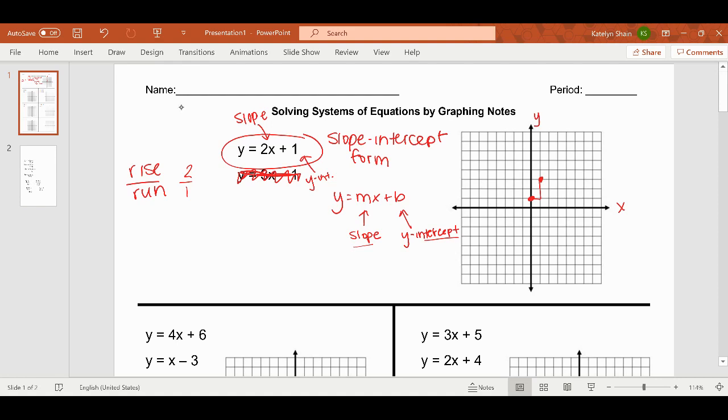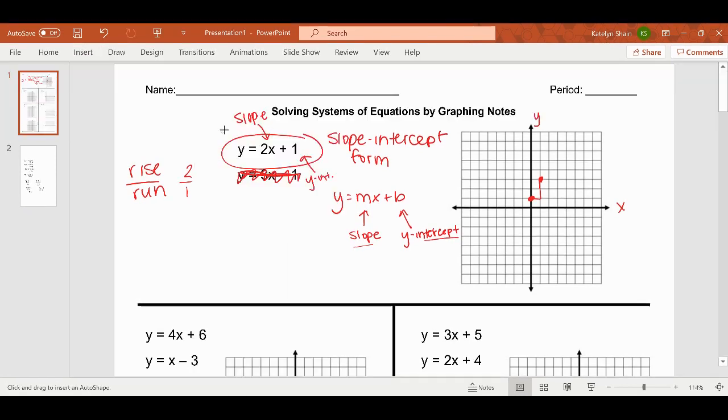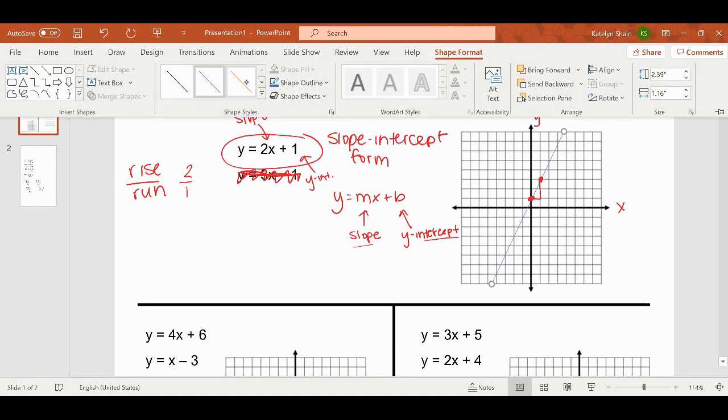Now I can use those points to create a line. Let's see if this might be a little bit more accurate than just trying to draw it myself. There we go. So there is that line.